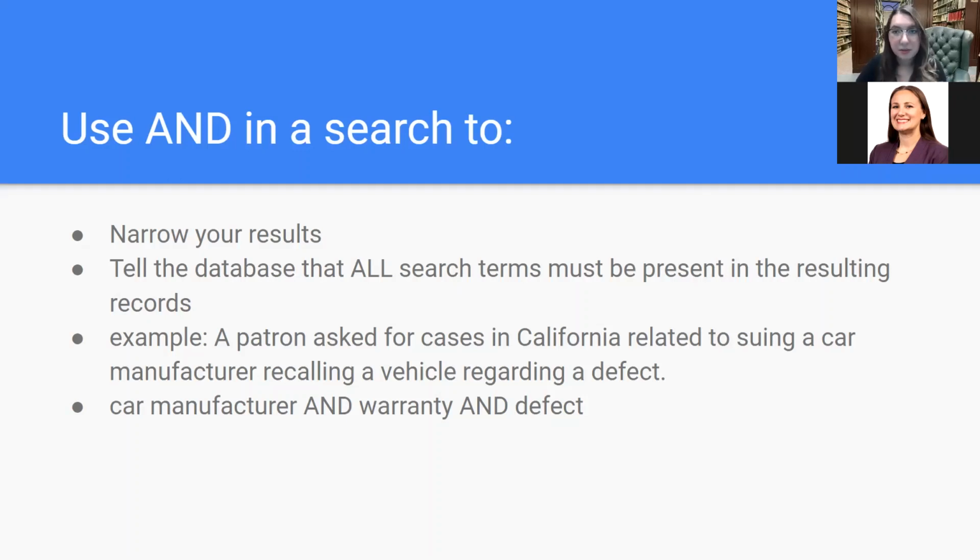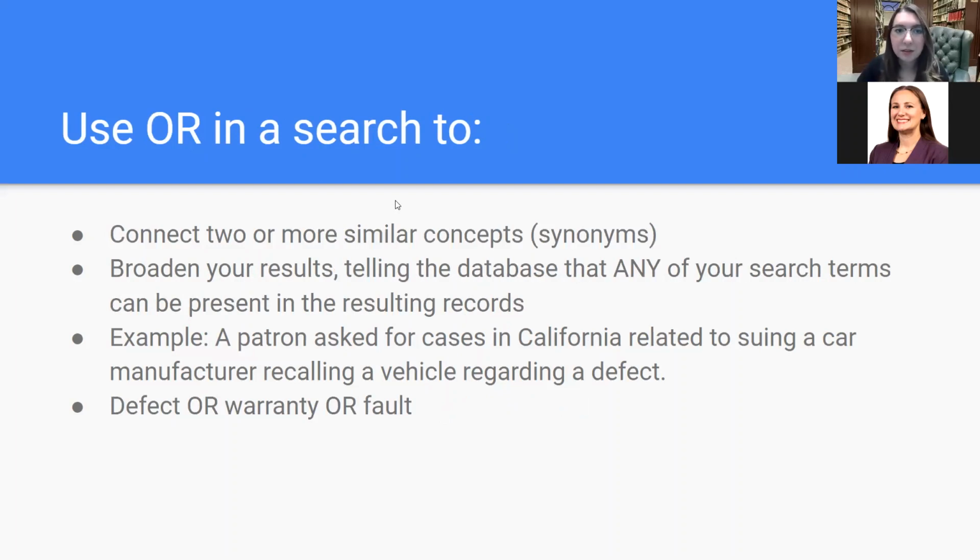So there's a lot of things going on in this question. To yield the most results and get the specific information I'm looking for, I will use car manufacturer and warranty and defect, so that I can see what is yielded and see if there's a possibility of finding cases where there was a successful suit against a car manufacturer for a defect within a warranty period.